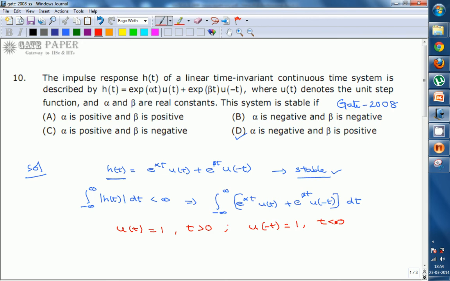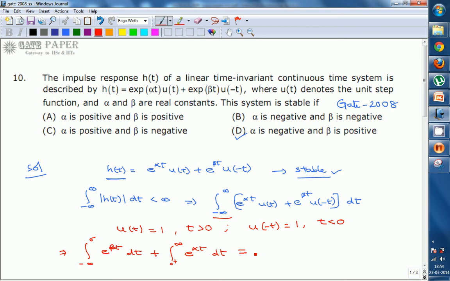Now by substituting in this integration, from minus infinity to 0, e power alpha t u of t becomes 0 and we have only e power beta t dt, and from 0 plus to infinity we have e power alpha t dt.